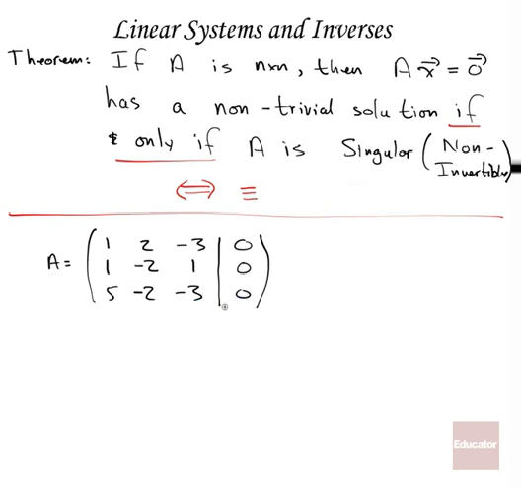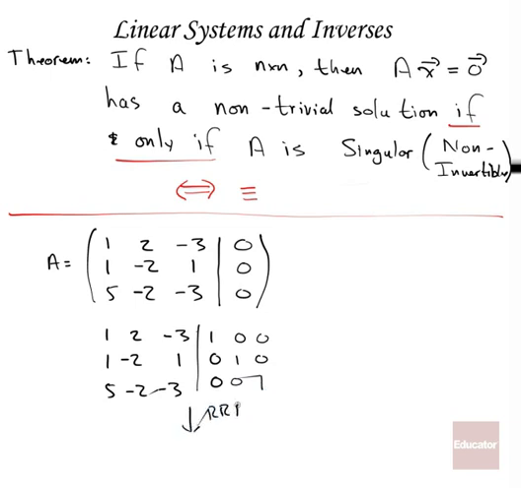Okay, let's see if we can find the inverse. When we form the augmented matrix, we have 1, 2, -3, 1, 0, 0, 1, -2, 1, 5, -2, -3, 0, 1, 0, 0, 0, 1, and then we subject it to reduced row echelon form.